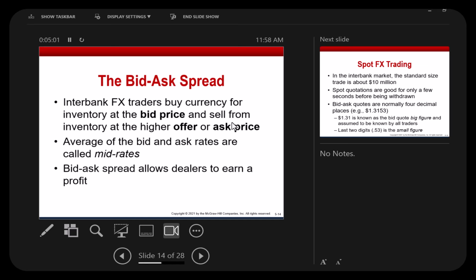If you're talking about dollar euro, it's rarely bigger than one pip. A pip is the last digit in a four-digit representation. So if I say my dollar euro is 119.92, 92 to 93 is one pip, or sometimes it's called tick, but it's pip. In dollar yen, it's two digits after the decimal.